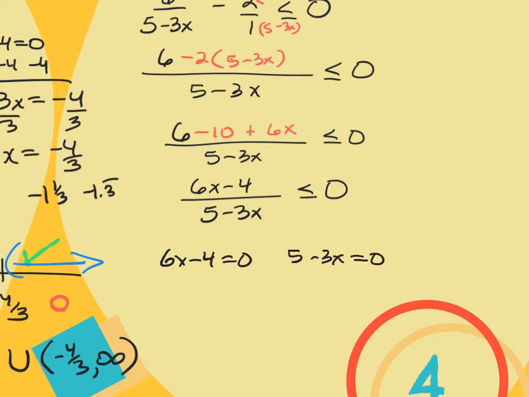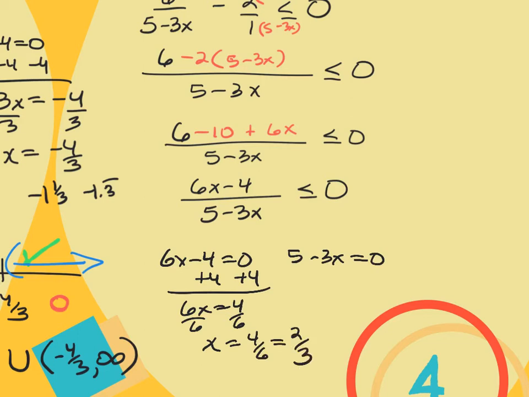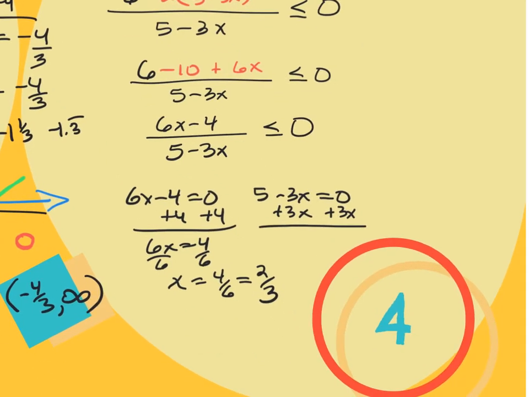I'm going to add 4. 6x equals 4. Divide by 6. X equals 4 over 6, which simplifies to 2/3. Then over here, I can add the 3x. 5 equals 3x. Divide by 3. And x equals 5 over 3.